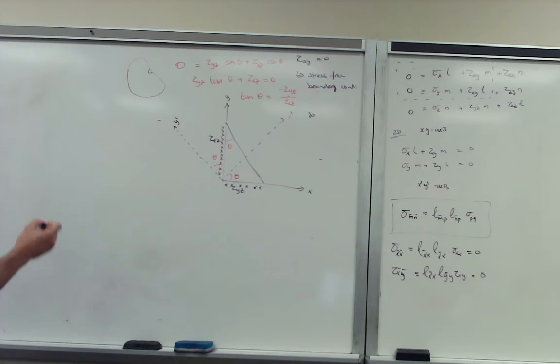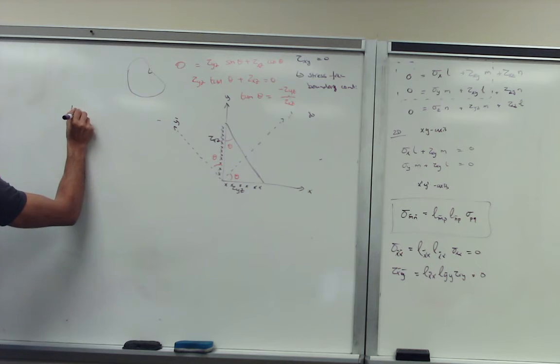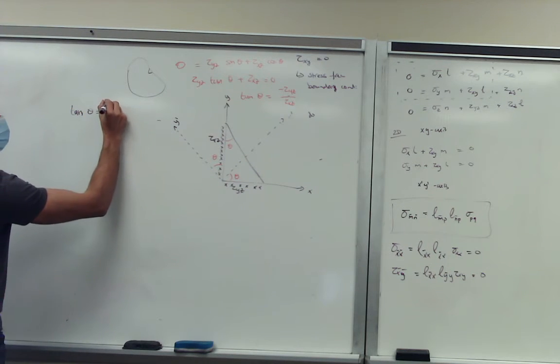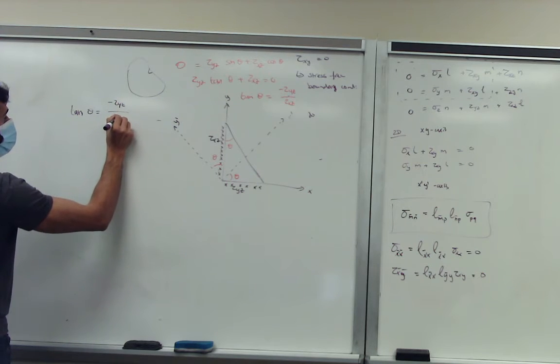So now we have a tan of theta equals negative tau yz over tau xz.